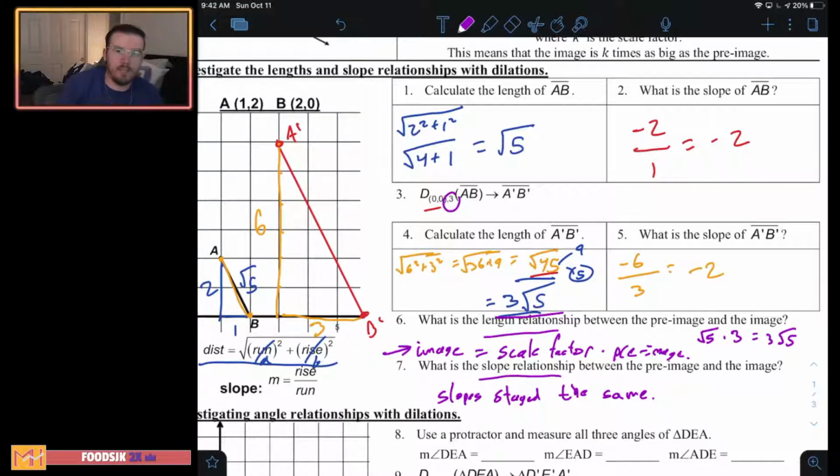But hopefully you already noticed from our dilations that the shapes overall were the same, right? A triangle still looked like the same triangle, just a little bit bigger or a little bit smaller. That's because the slopes are staying the same. The length is changing, but the proportions are staying the same, right?